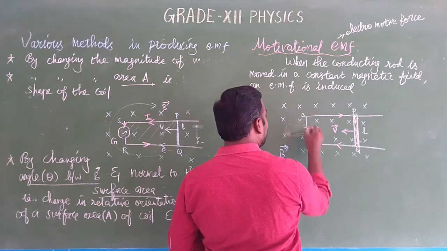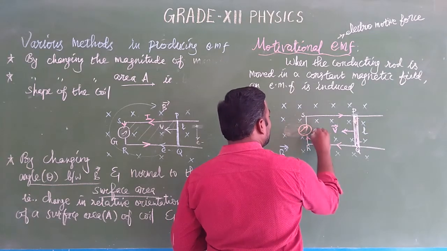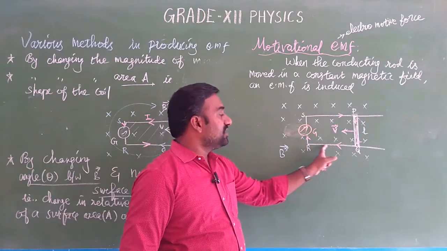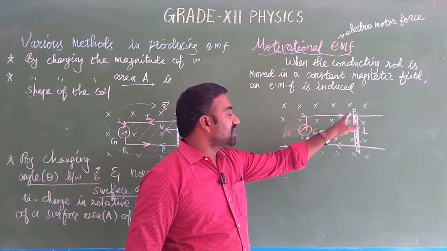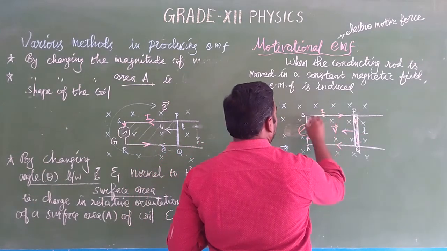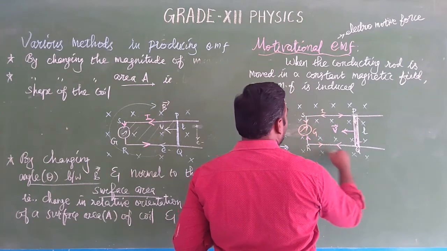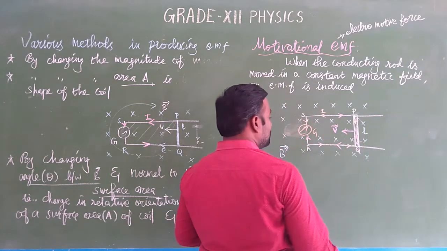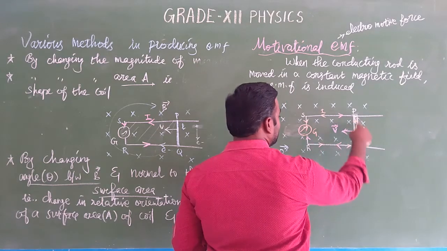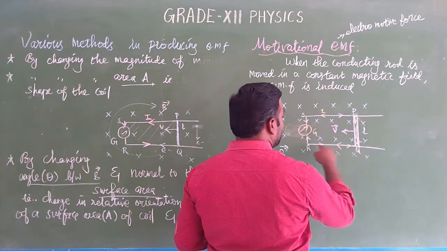Instead of a bulb, if you have a galvanometer, the galvanometer will also show deflection. So here the direction of the induced EMF is clockwise. The conventional current I produced is anti-clockwise. Okay, so the pink color one is the direction of the electron, clockwise.